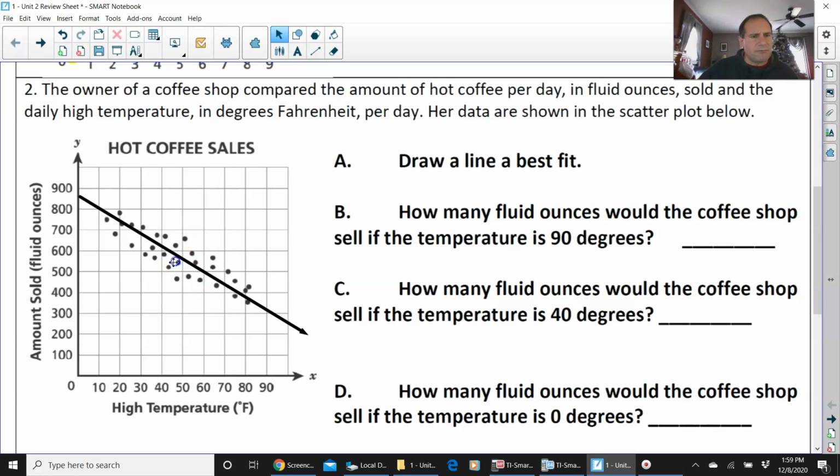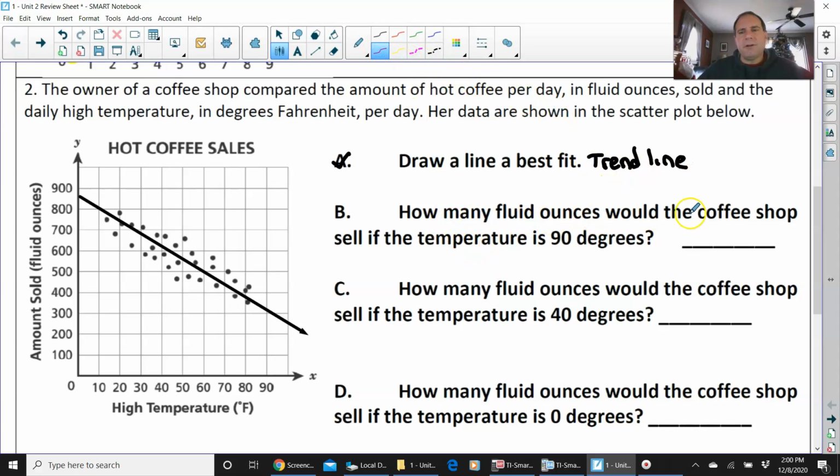You draw a straight line, you get to see the line before, like with the ruler, you can put the ruler down, you can see exactly where you want to draw it and if it's good enough. And that is my trend line, my line of best fit. Remember, line of best fit is also known as a trend line. It's the same thing.